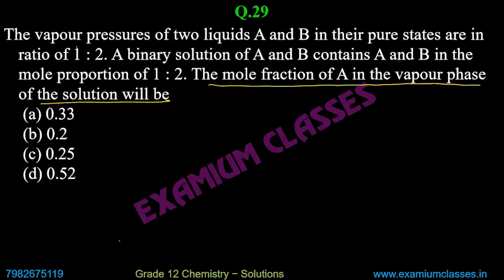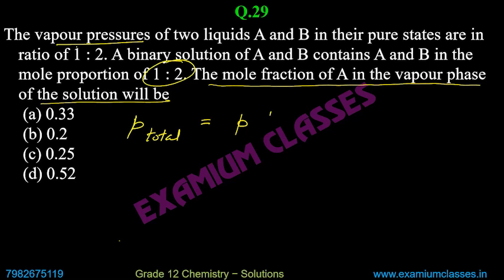This much time is sufficient for this one. So vapor pressure PA, if it is P, okay, PB is 2P. Total vapor pressure basically if we apply, okay, P total. Just I am writing, I am skipping one step, okay. So if vapor pressure of A is P and vapor pressure of B is 2P, then total pressure will be P and its mole fraction.